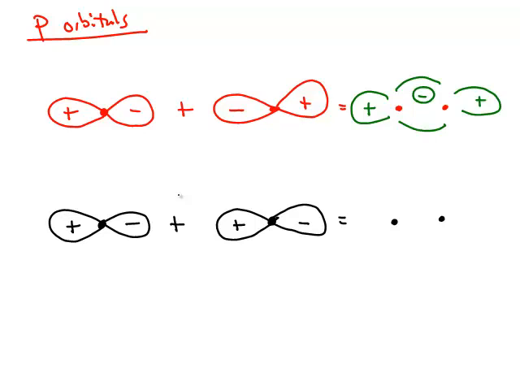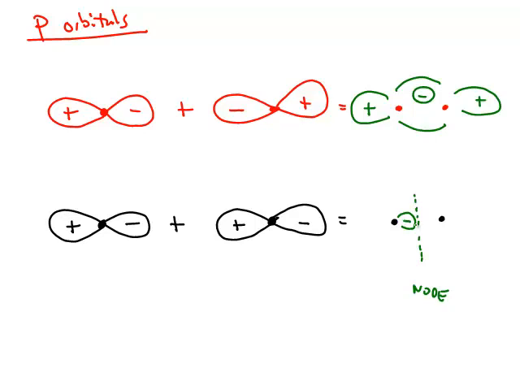In the subtracting case, now we're going to take negative with positive, so we get destructive interference right in the middle, and just like with the s orbitals, we're creating a node where that happens. A small amount of this lobe is still present.